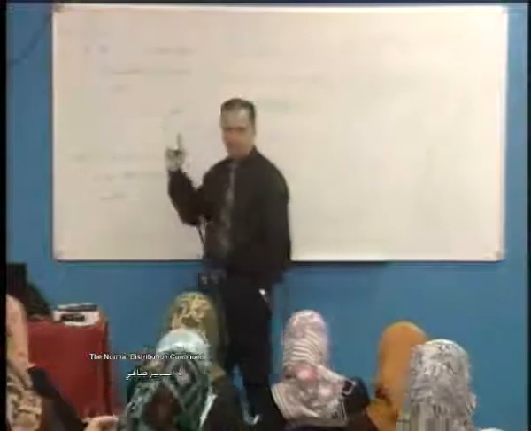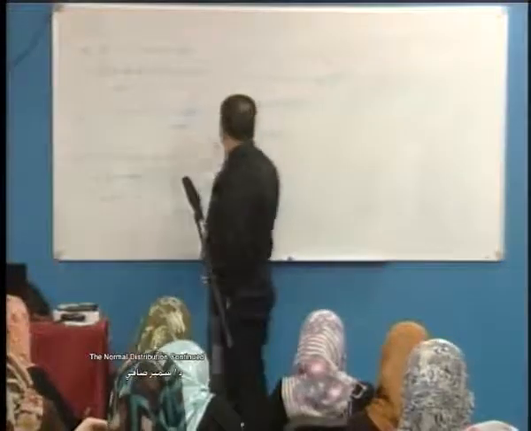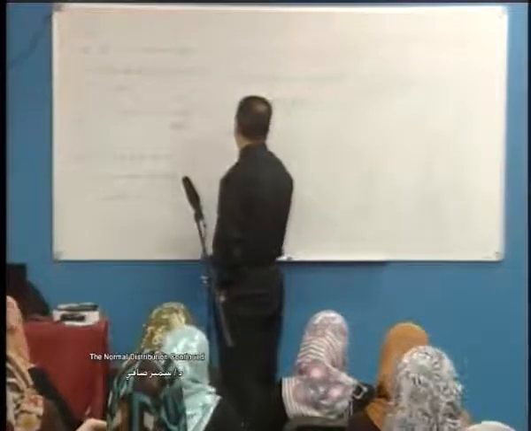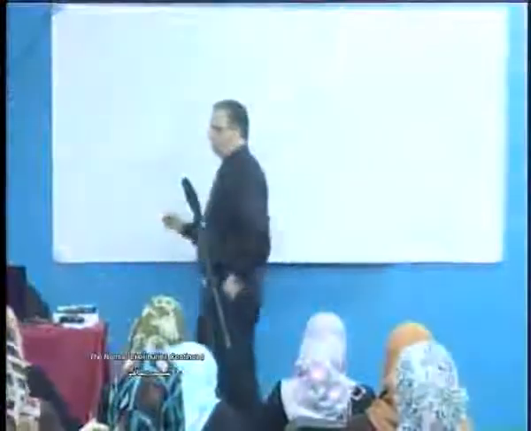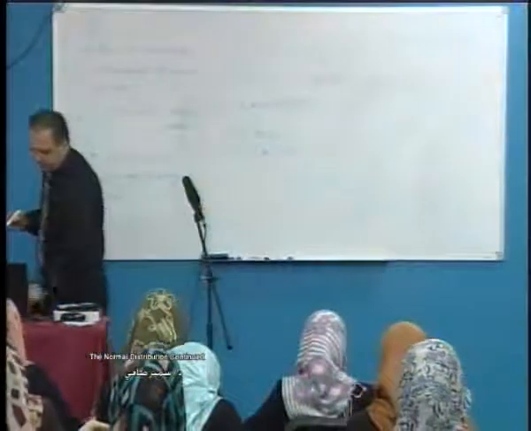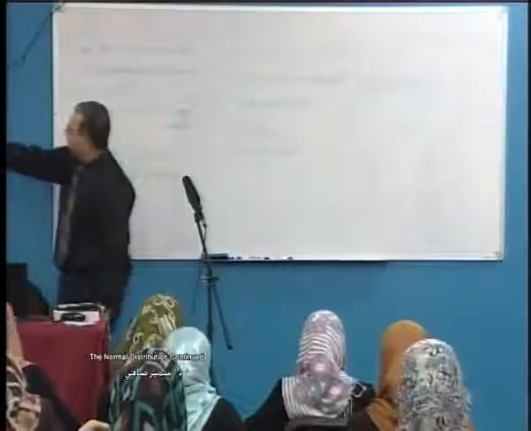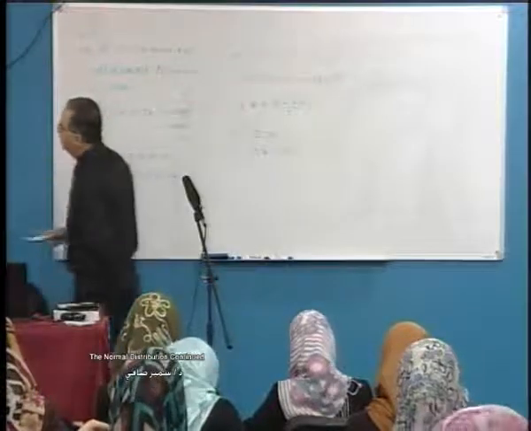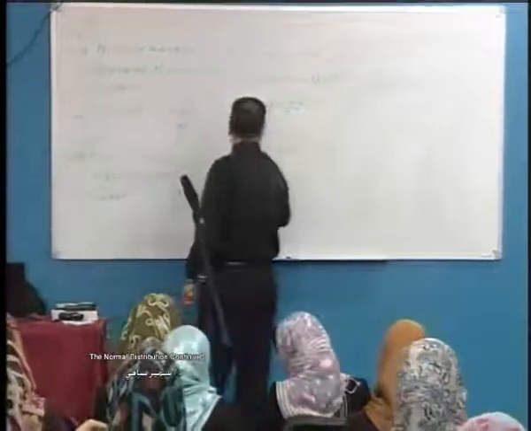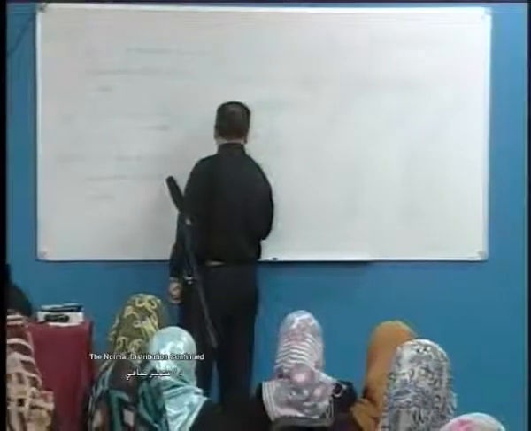Makes sense? So now P of Z greater than 1.5 is 1 minus P of Z less than 1.5. Go back to the table: 1.5 is 0.9332. So the answer should be 0.0668.